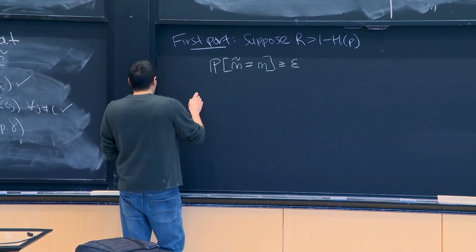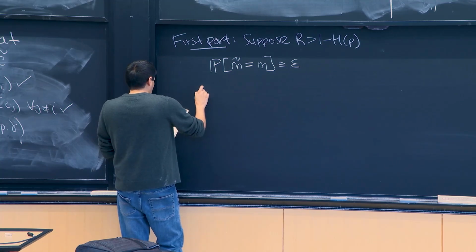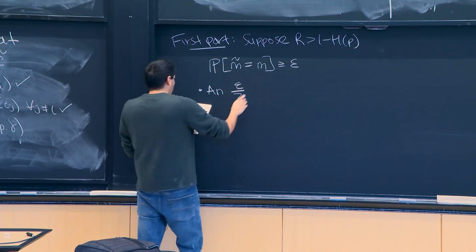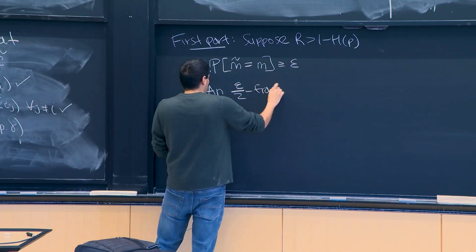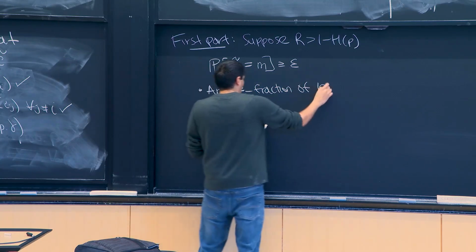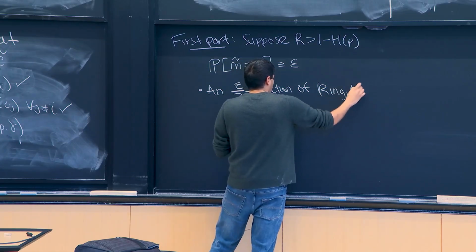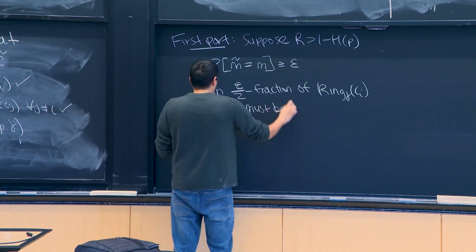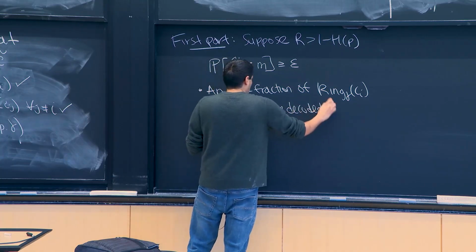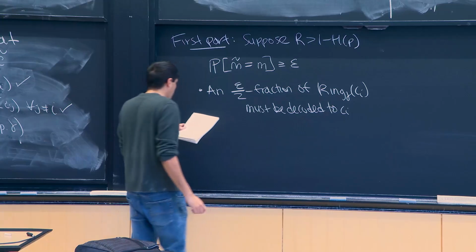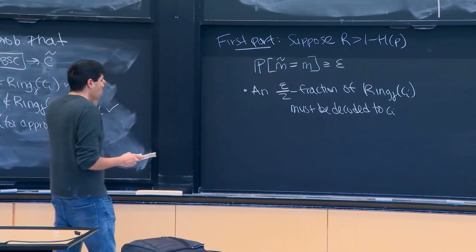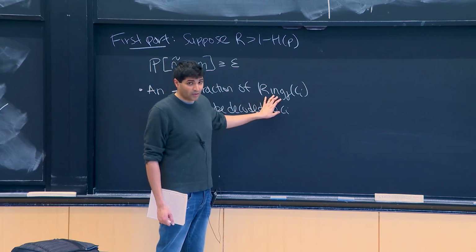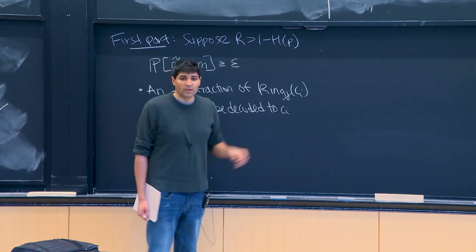So the main point is that an epsilon over 2 fraction of ring gamma Ci must be decoded to Ci. Originally our decoder was just based on the ring, but now we have no idea what the decoder is.